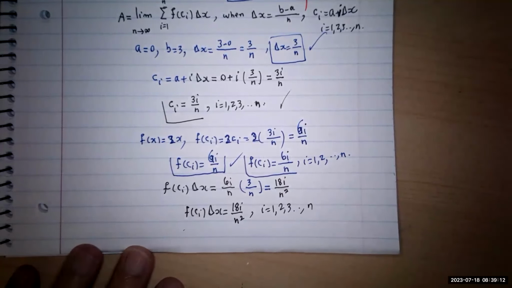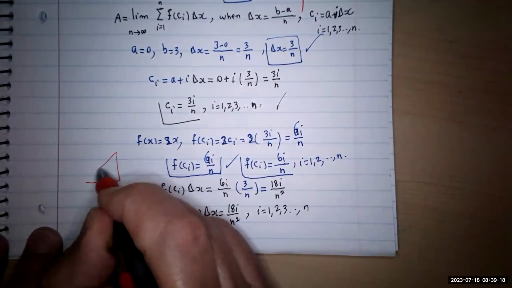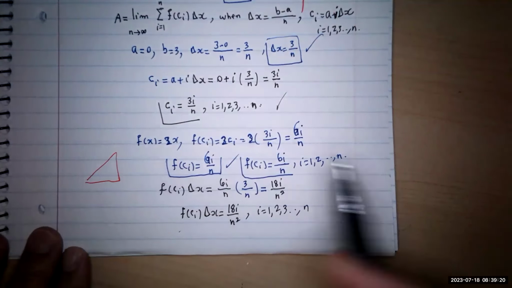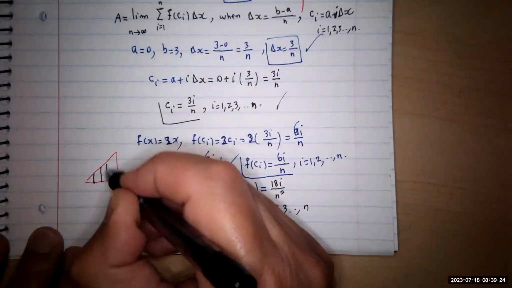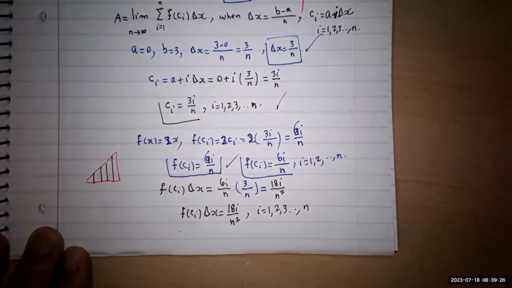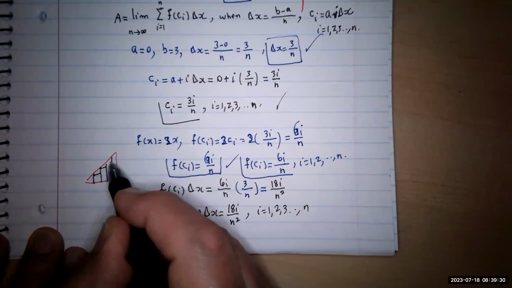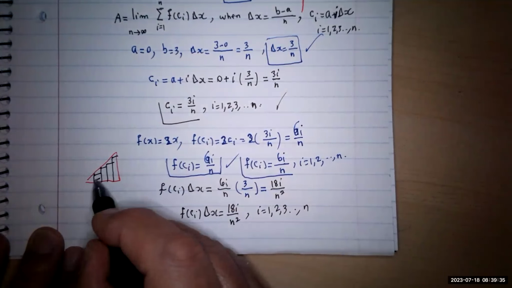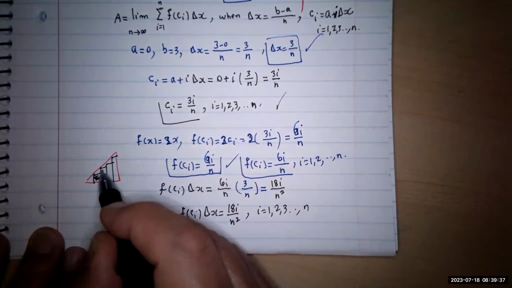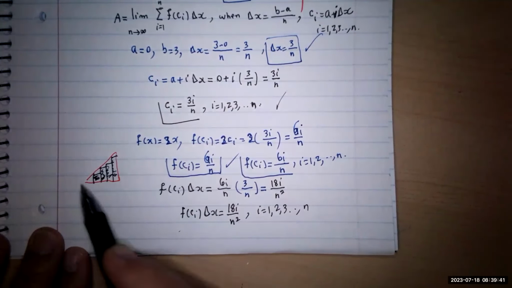When you partition it into different parts, we divide them into equal parts. So we find the area of each rectangle over here, and we add them together to get the total.